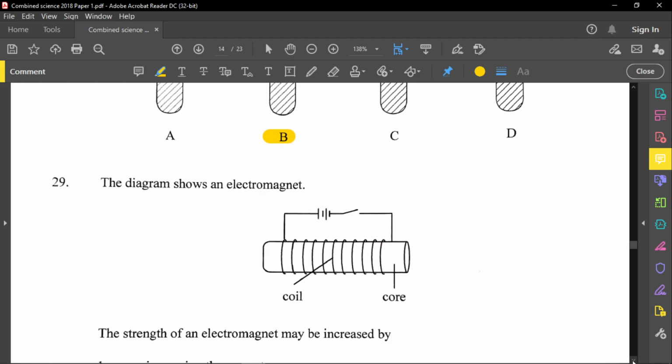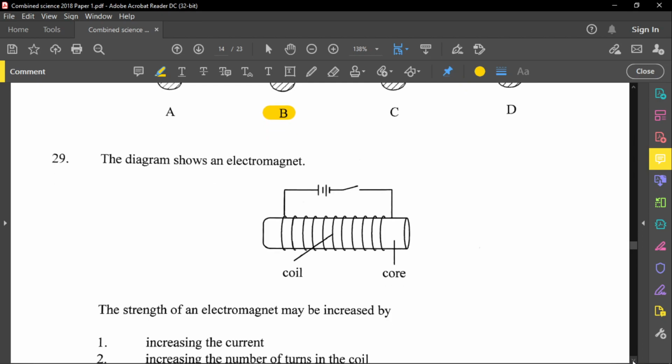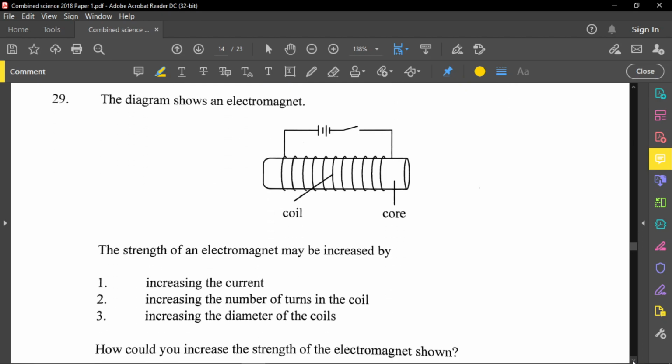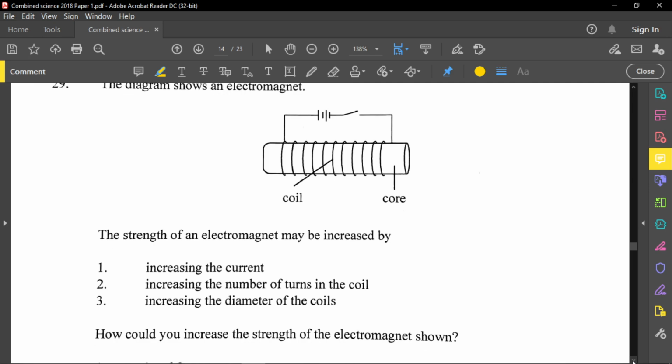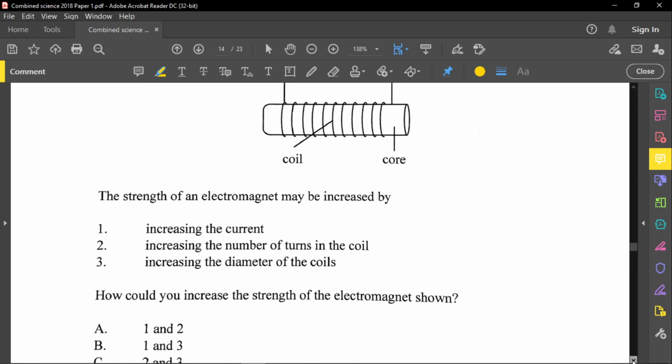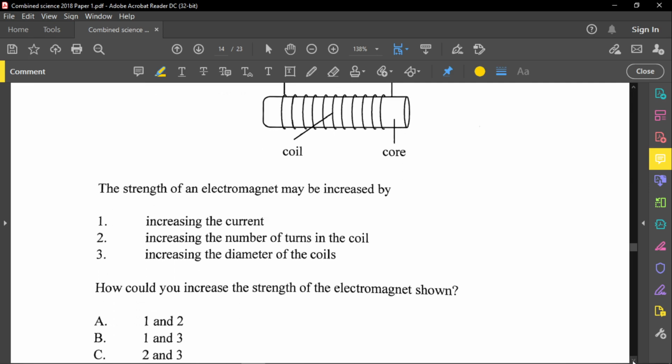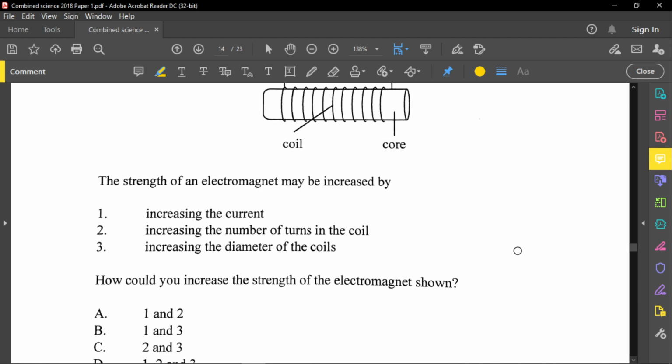Now for question number 29, right? It said the diagram shows an electromagnet. Okay. It said the strength of an electromagnet may be increased by, and there are things that increase the strength of an electromagnet. One, increase the current.